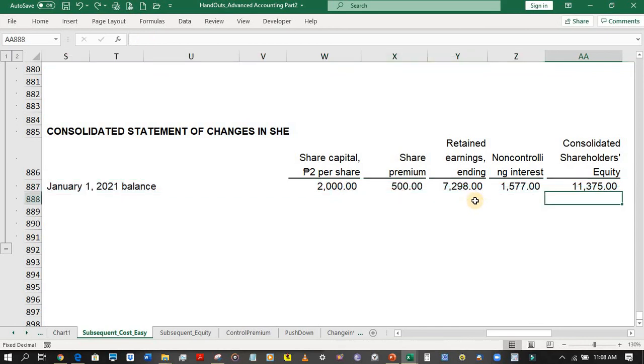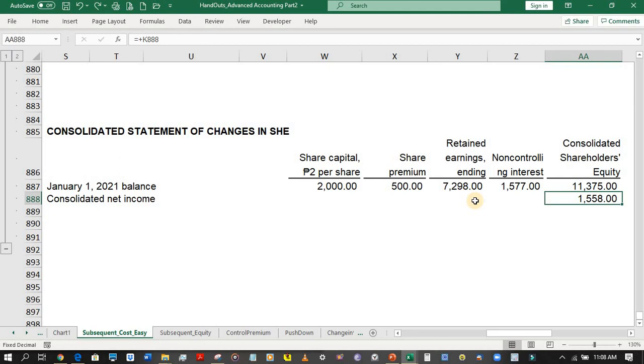Now, since there are no transactions affecting the contributed capital, the share capital and share premium, let's proceed to the transactions affecting retained earnings, starting with the consolidated net income. The consolidated net income in our working paper is 1,558.